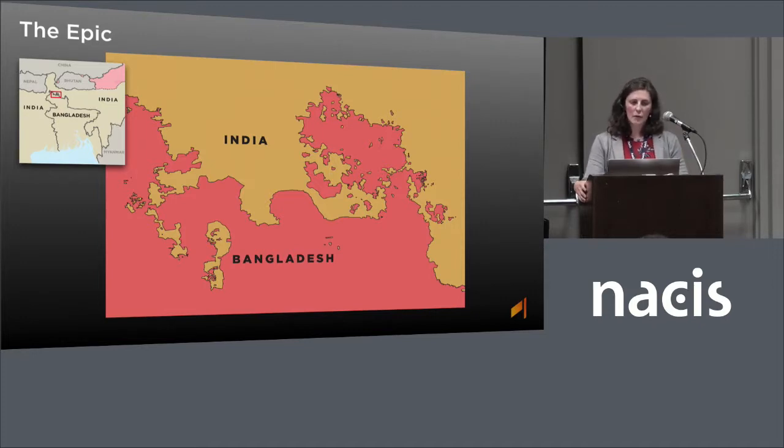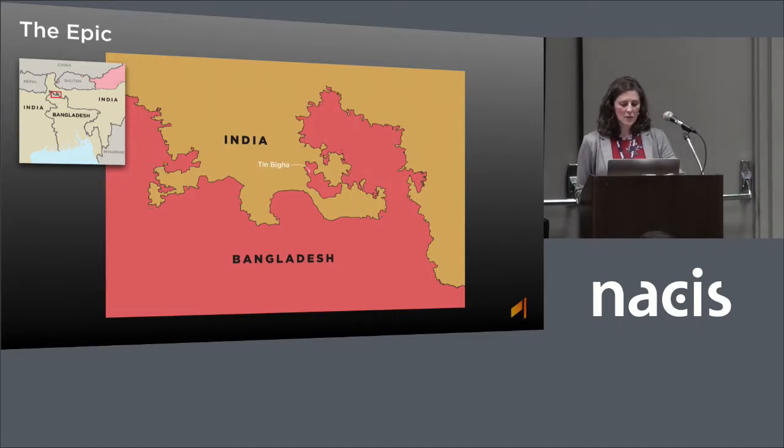And in 1974, they started to work towards dissolving these, just sort of more convenient boundary management, people management. And in 2015, they completed that process, leaving just one enclave, Tinbiga, and Bangladesh leases an access corridor from India to have continual interaction with the people there.